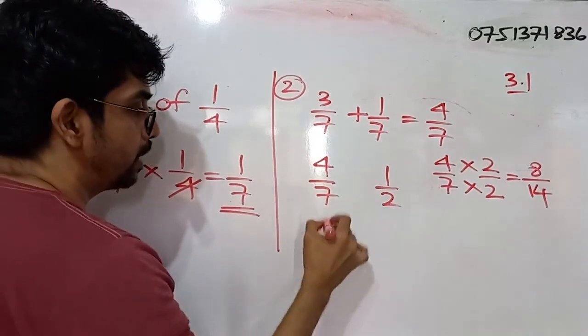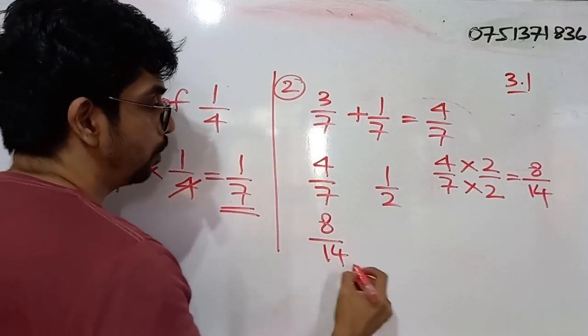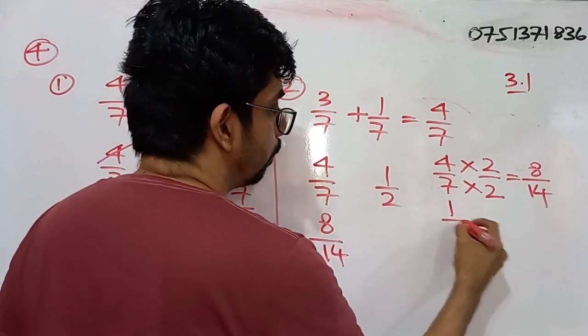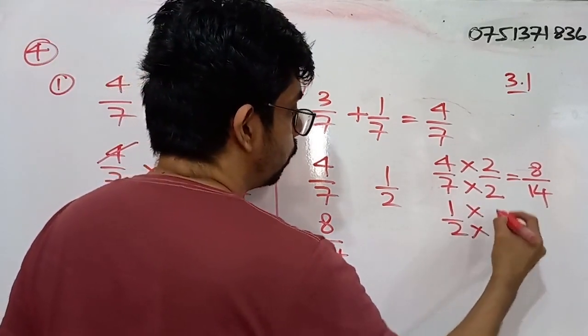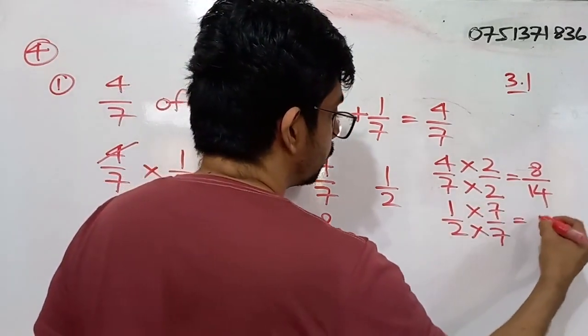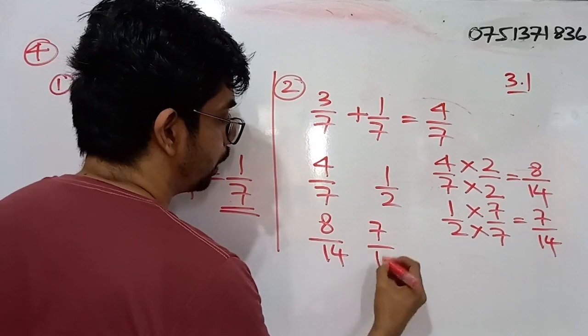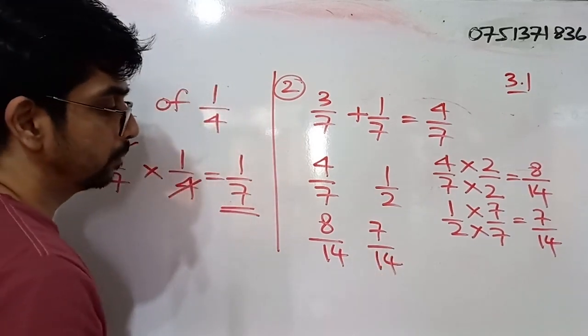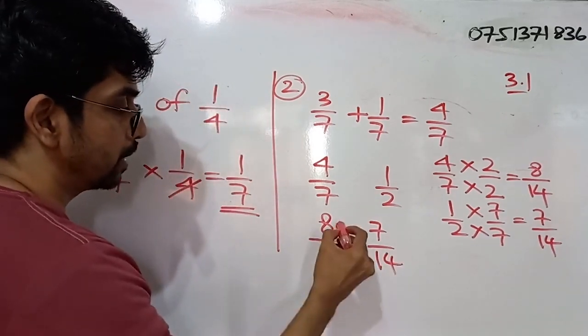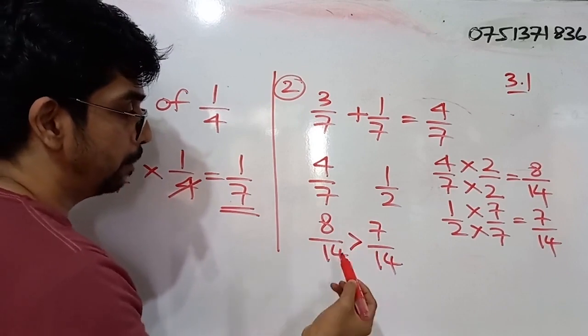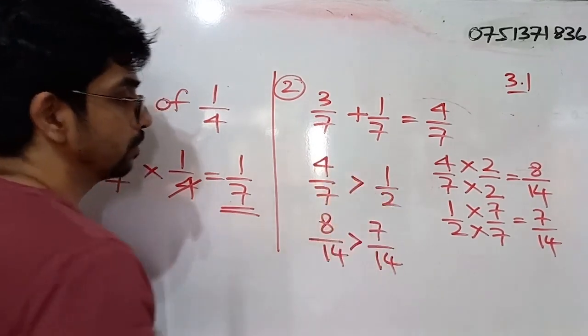So instead of 4 by 7, I can use 8 by 14. Half, 1 half, I will multiply the numerator by 7 and the denominator by 7. So 7 by 14. Now we can compare them. This fraction is larger. That means 4 by 7 is larger.